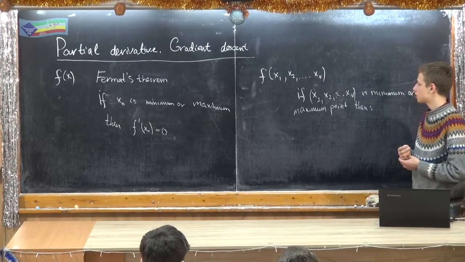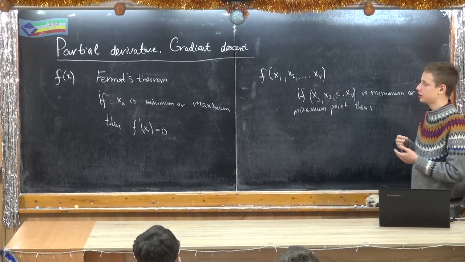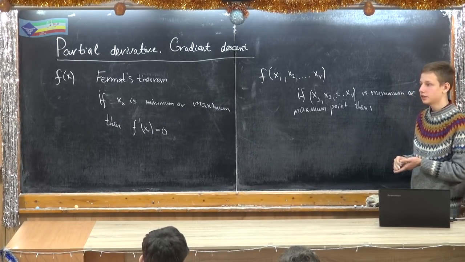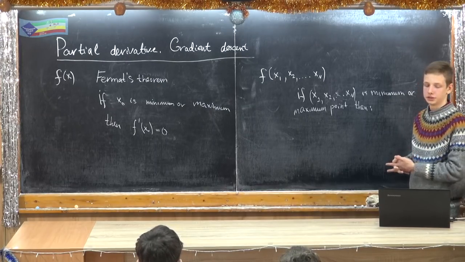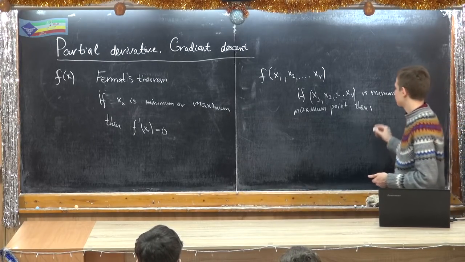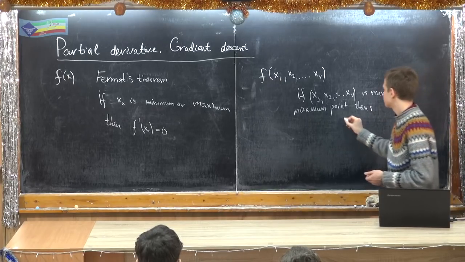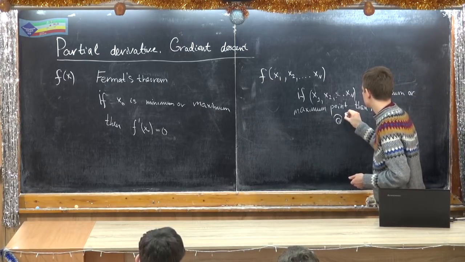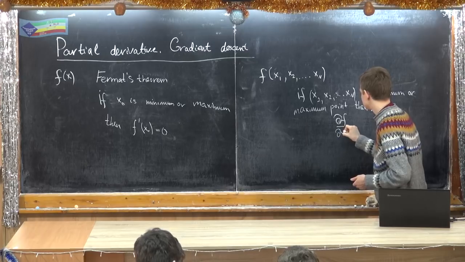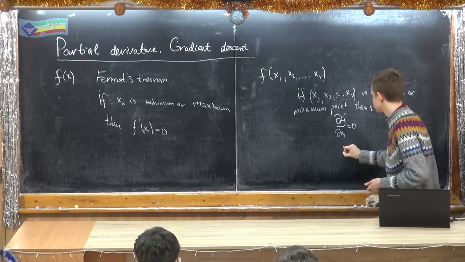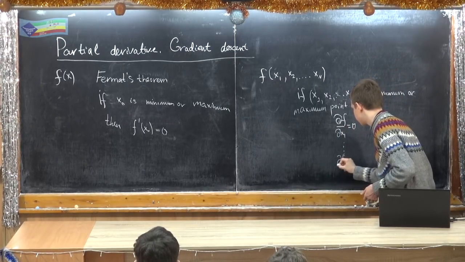And that means that for each partial derivative that we take, they all must be 0. And that can be rewritten as a system of equations.